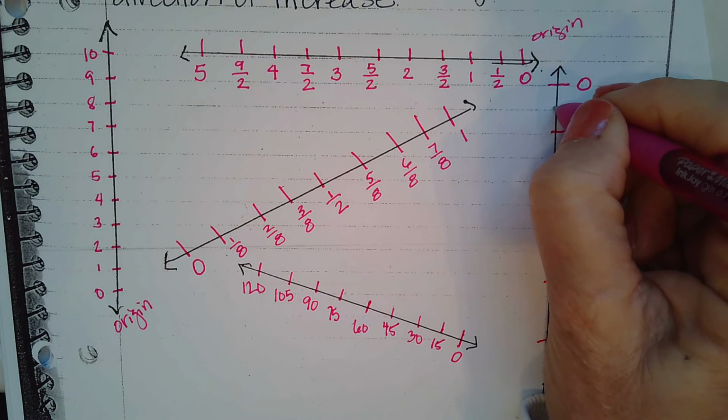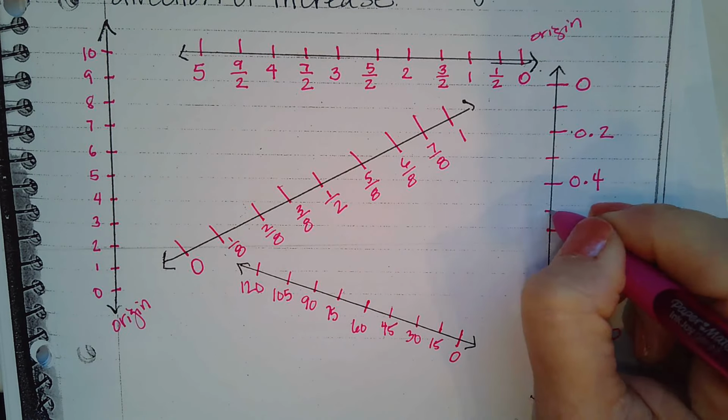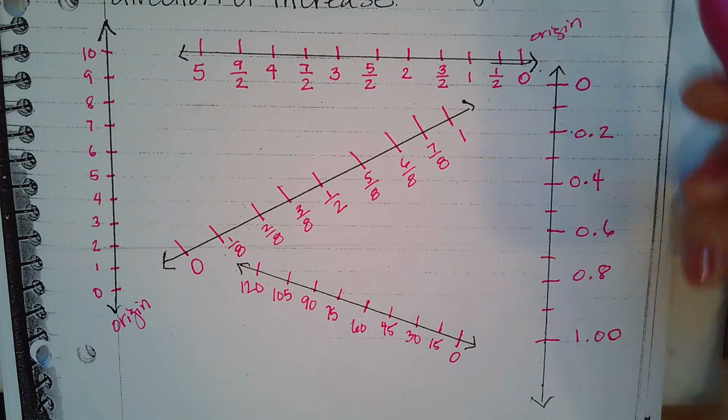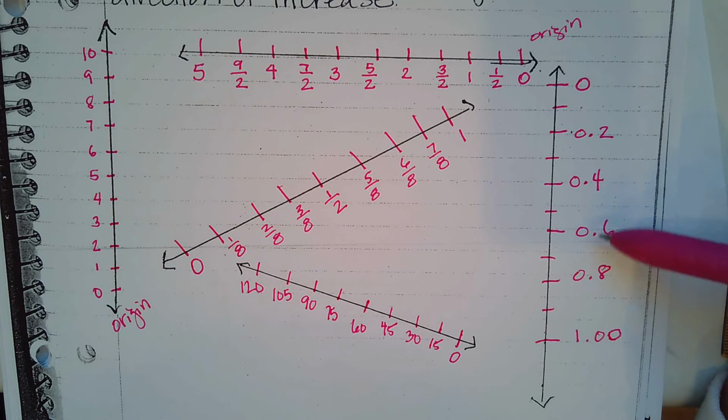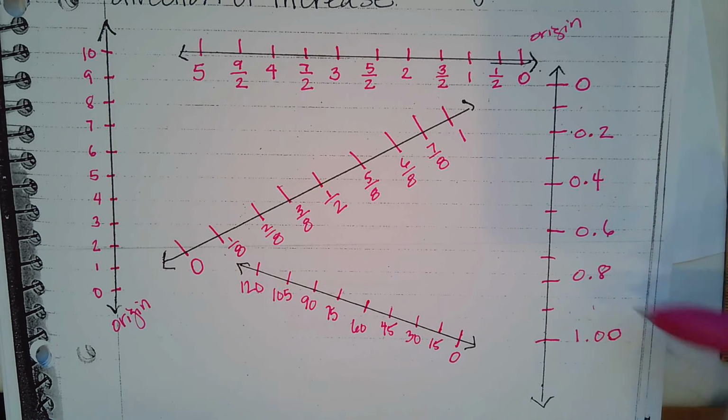So there's going to be a mark under here, here, here, here, and here. So this would be 0.1, 0.3, 0.5, 0.7, 0.9, and then 1.